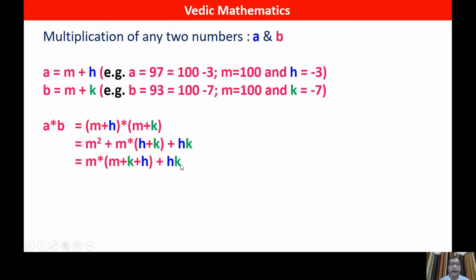Here I would like to bring to you the importance of this rearrangement. If A is equal to 97 and B is equal to 93, they are two numbers and we want to multiply them. So A multiplied by B is equal to 100 minus 3 into 100 minus 7.